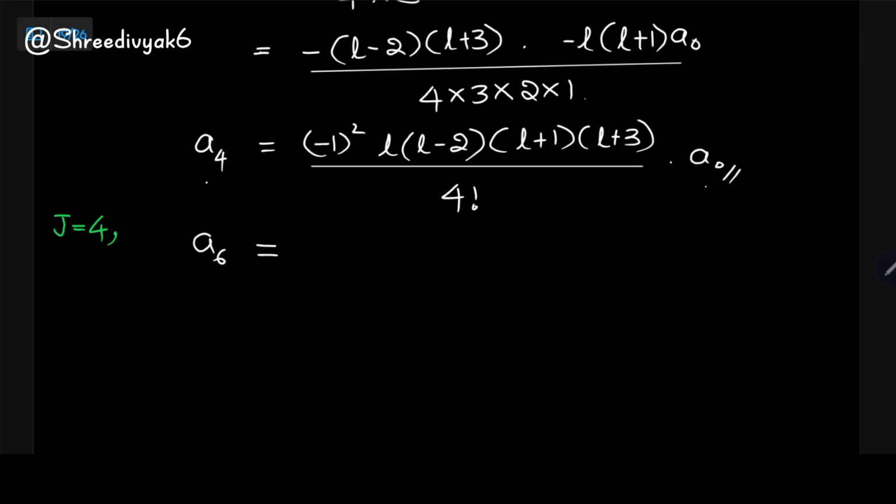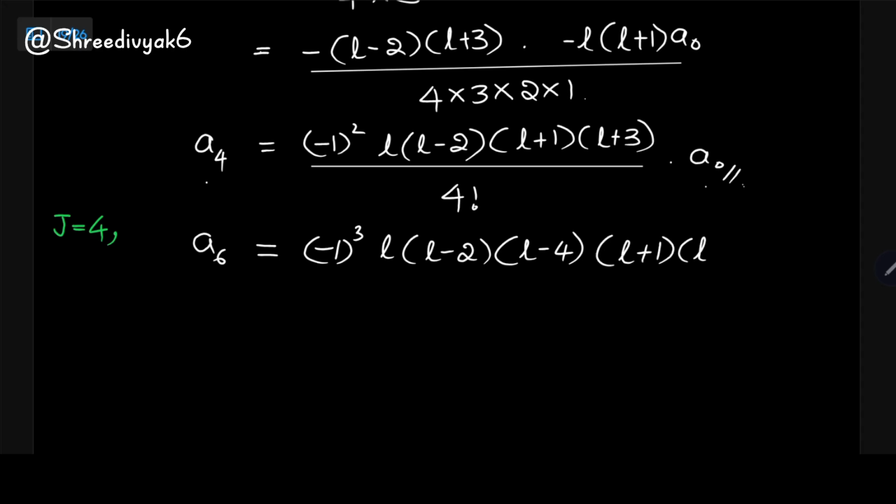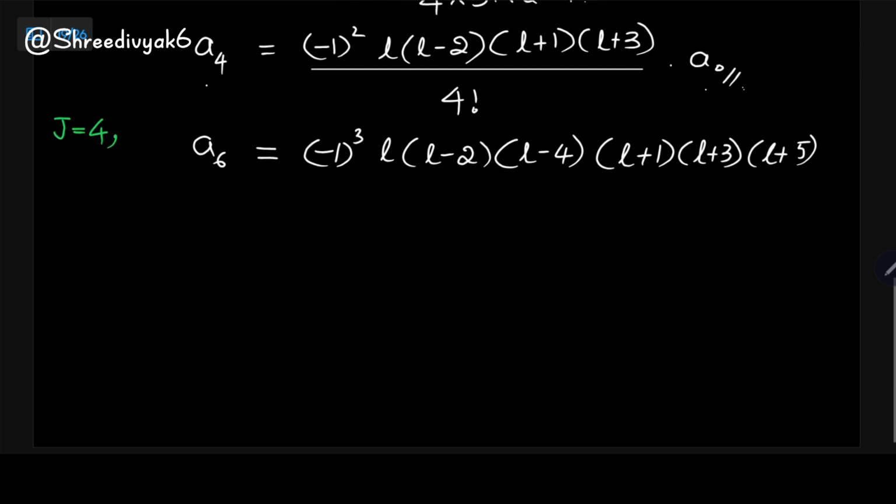Again you have the value of a4, so substitute that as well and write it. It would be minus 1 raised to 3 into L into (L minus 2) into (L minus 4) into (L plus 1) into (L plus 3) into (L plus 5).